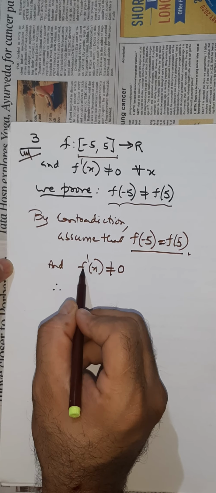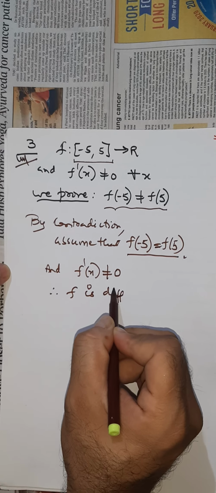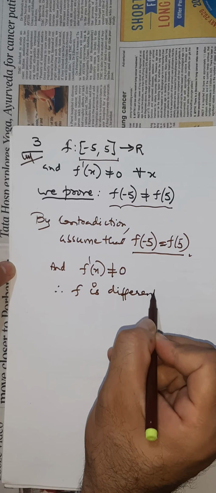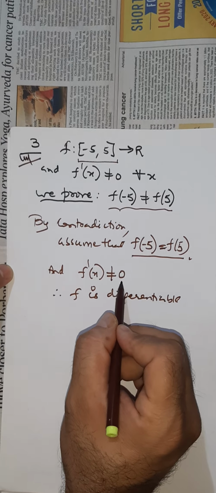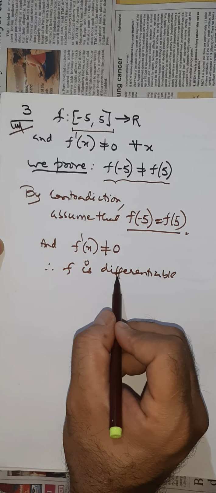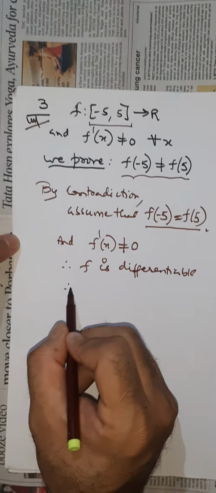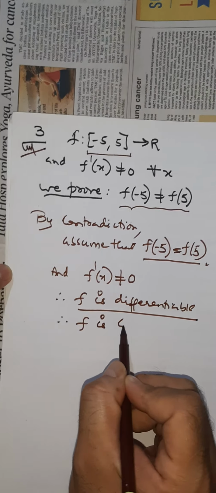That means the derivative exists, so f is differentiable. What is given to you? Derivative is non-zero, but you can find the derivative. That means it's differentiable. And you know a theorem that if a function is differentiable, then it has to be continuous. Therefore f is continuous.